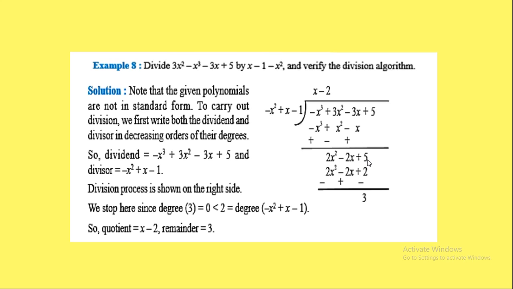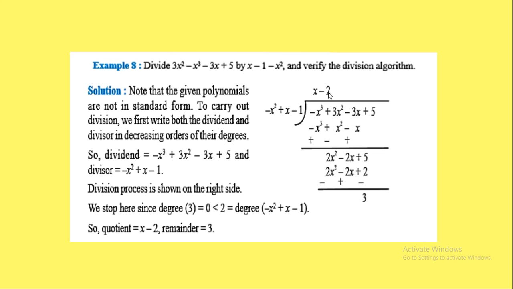Now we are going to divide this 2x square minus 2x plus 5 by minus x square plus x minus 1. Here we take 2x square and divide it by minus x square. We will get minus 2. Now multiply this minus 2 by minus x square plus x minus 1.